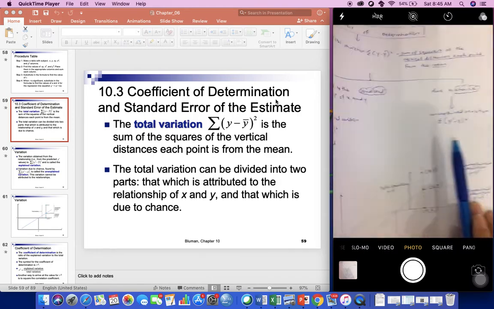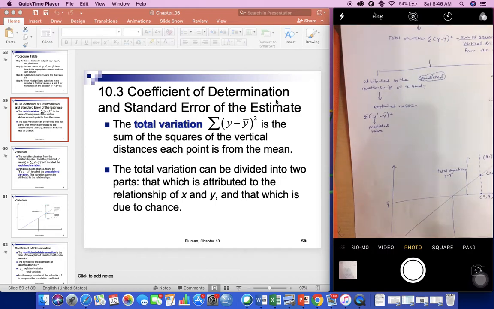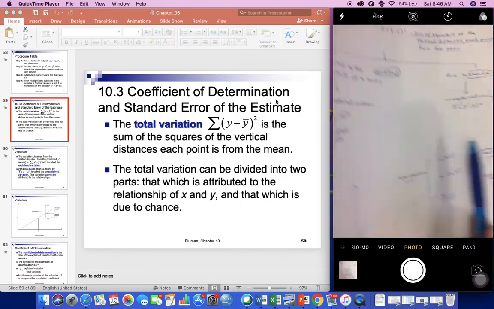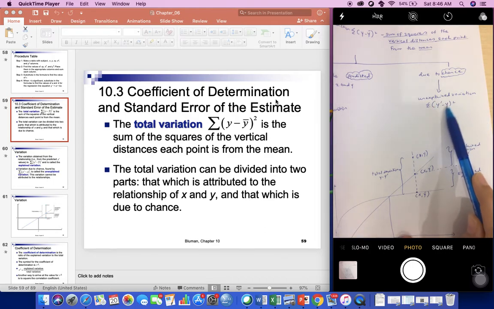For the explained variation, we use the predicted value with Y mean. For the unexplained variation, we use the predicted Y with the observed Y.